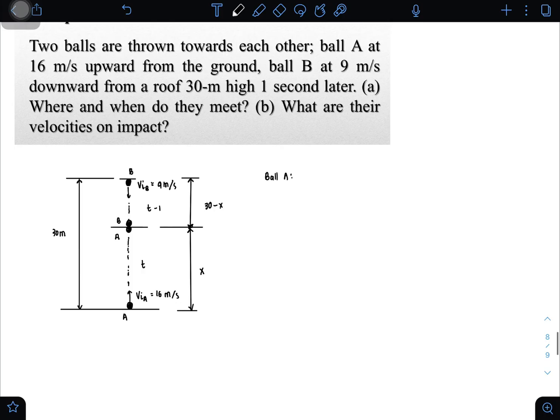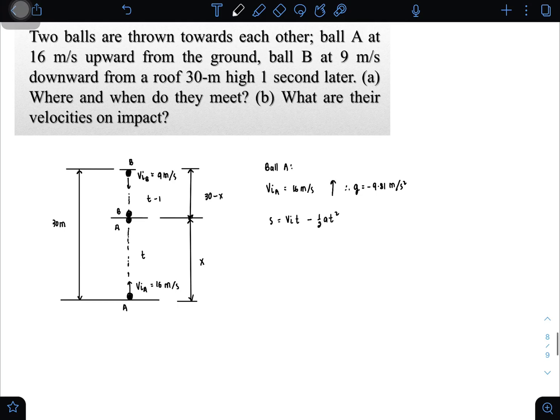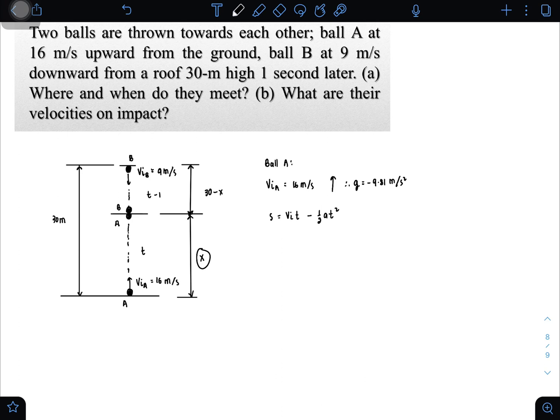So the initial velocity of ball A is 16 meters per second, and it is thrown upward. Therefore, g is negative 9.81 because it goes against the gravitational attraction. So relating time and distance, we may use s equal to the initial velocity times time minus 1/2 of the acceleration times the time squared. In this case, the distance is x.